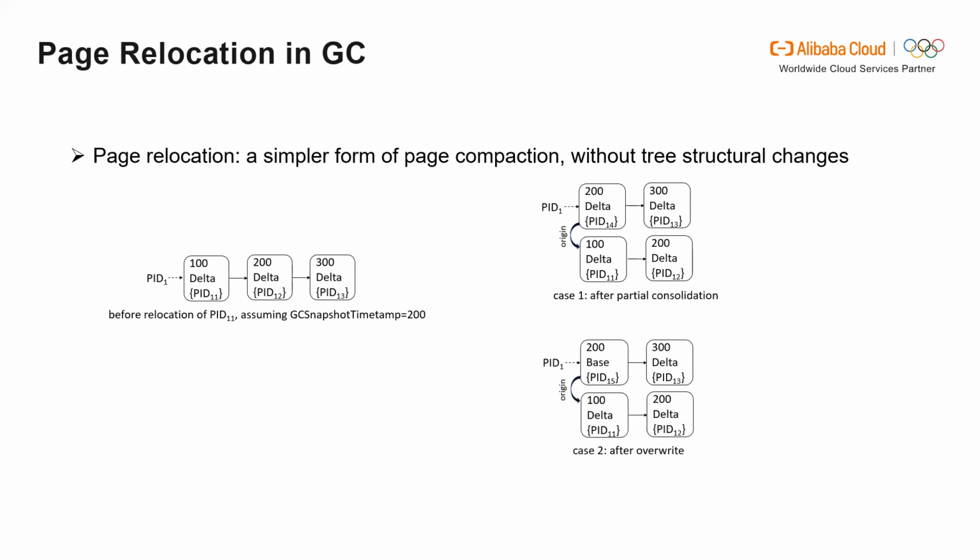Overwrite can occur with PID 11 and 12 merged with base page PID 1, becoming base page PID 15. This round of GC does not relocate PID 13.